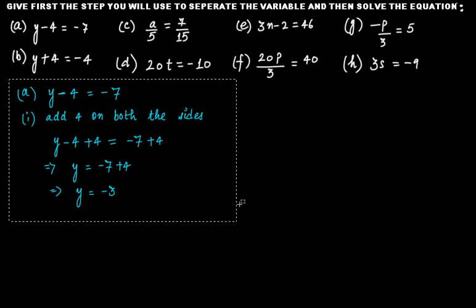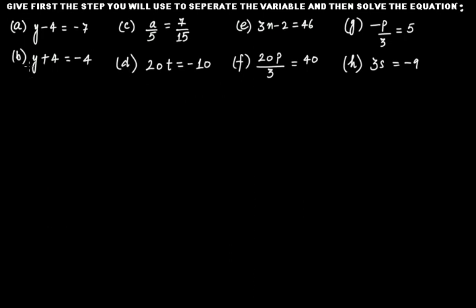Let's do the second one, for the B. B is y plus 4 equals to minus 4. In this problem we have plus 4 here. So if we want that on the left hand side we are only left with variable y, then you'll have to subtract 4 from both the sides, that is the left hand side and the right hand side.